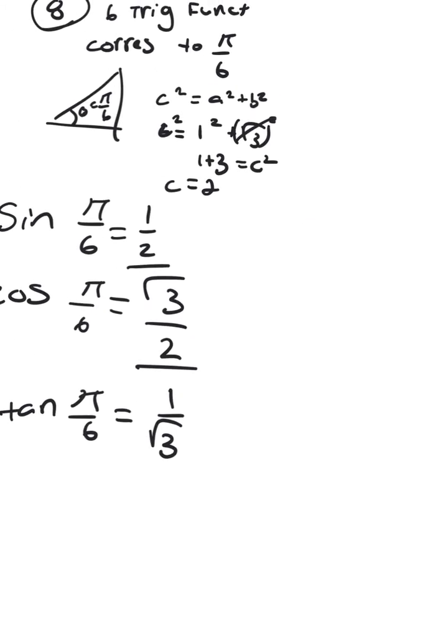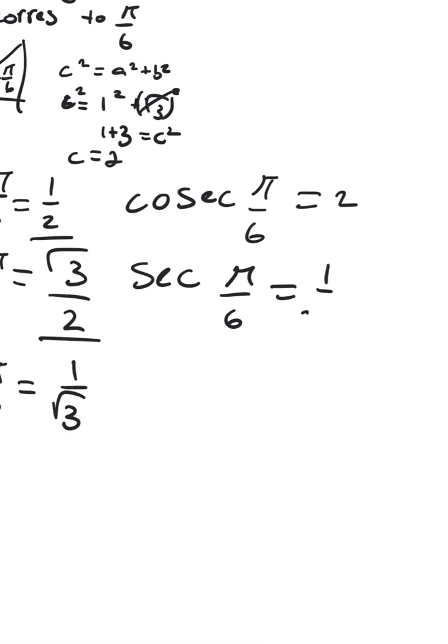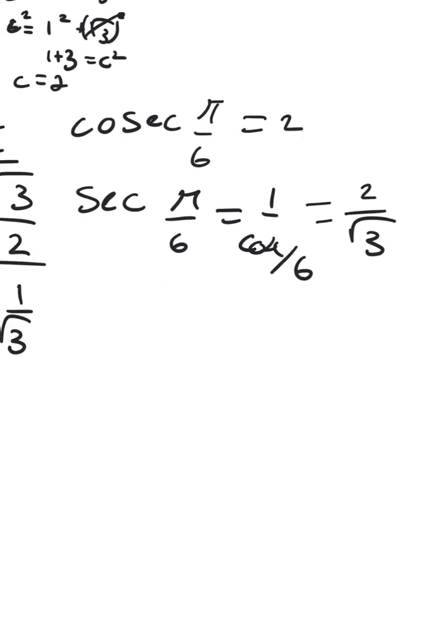So now let's do the opposite equations. Let's start off with cosecant of pi over 6, which equals 2. Secant of pi over 6 equals 2 over the square root of 3.